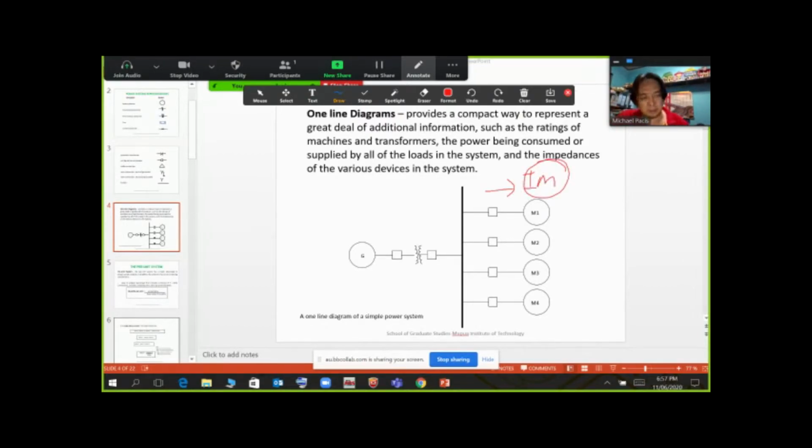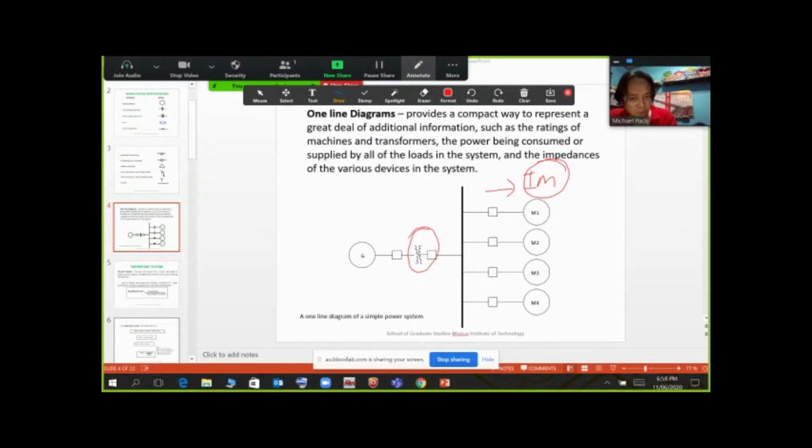How can you solve a certain parameter if there is a transformer here? So you need to eliminate the transformer, not typically eliminate it, but you need to model the transformer in such a way that this will become a per unit equivalent circuit.